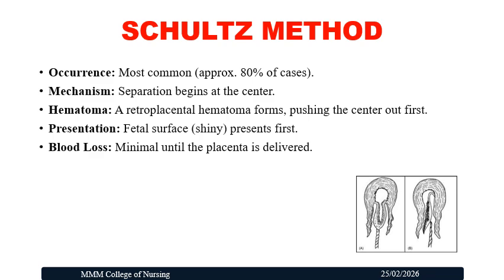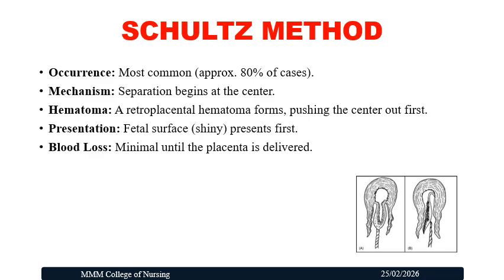Schultze method: most commonly, 80% of cases will separate the placenta by Schultze method. The mechanism here is that the separation usually begins at the center and the center separation may lead to a retroplacental hematoma.